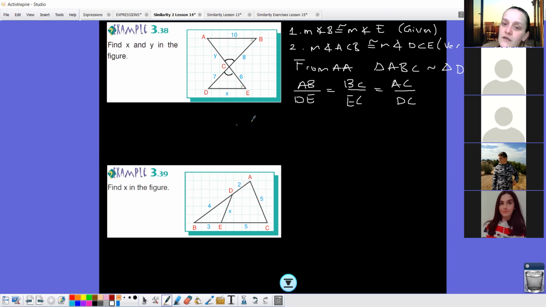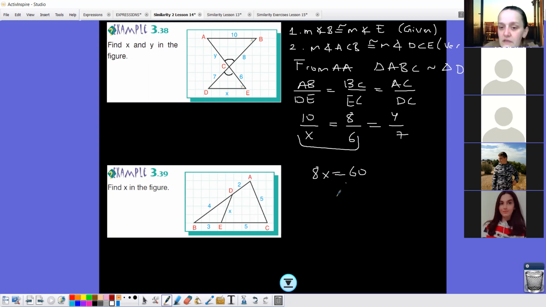Now AB is 10, DE is X, BC is 8, EC is 6, AC is Y, and DC is 7. So firstly, to find X, I will take these two. With the cross product, I will get 8X is equal to 60. X is equal to 60 over 8, which is 15 over 2.